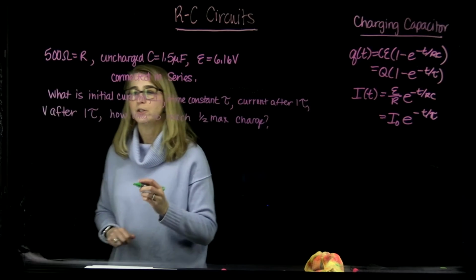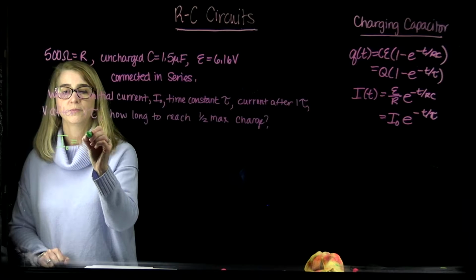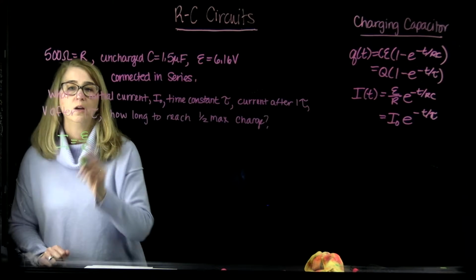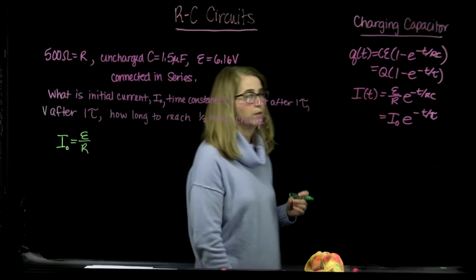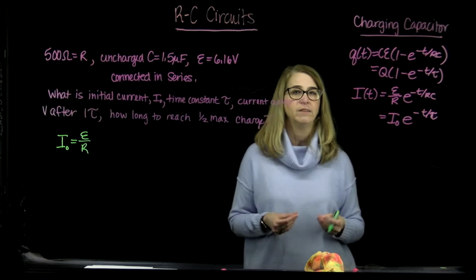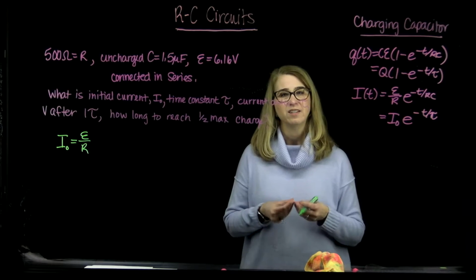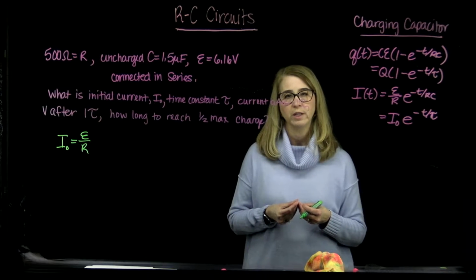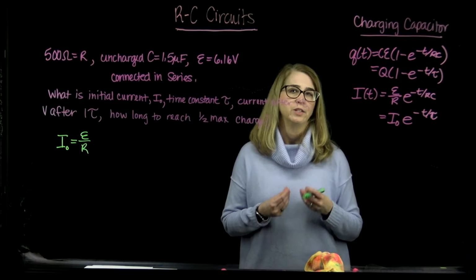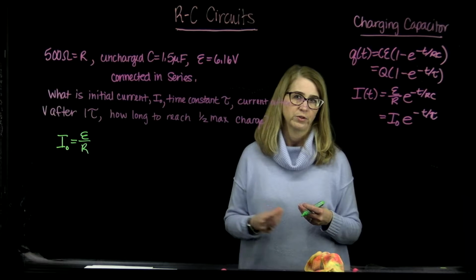So the first question asks what the initial current is. When we begin charging the capacitor, because the capacitor doesn't have any charge on it, it doesn't have a potential difference across the plates. That means the entire potential difference of the circuit is found on the resistor.